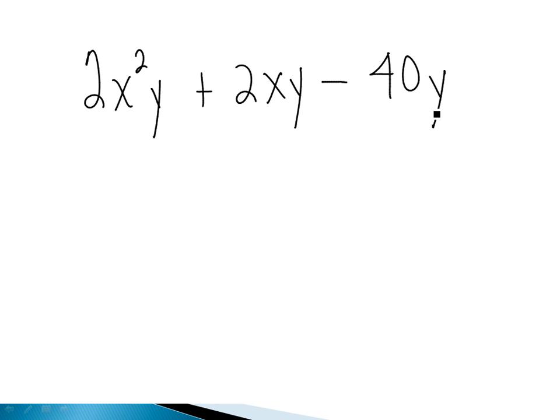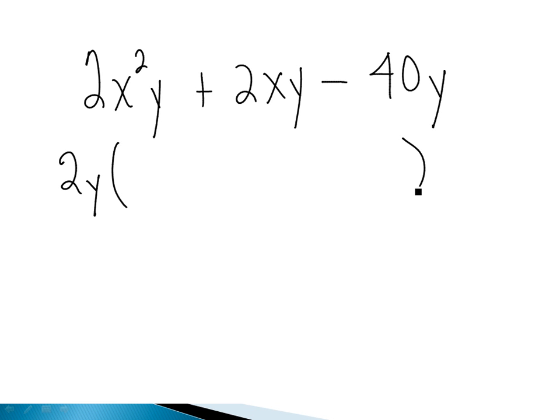So think about it. It is 2y. So we're going to take out this 2y first, which is the GCF, and we're going to put the remaining factor inside the parentheses. When I multiply 2y times everything in this parenthesis, it needs to be the same as the original problem.